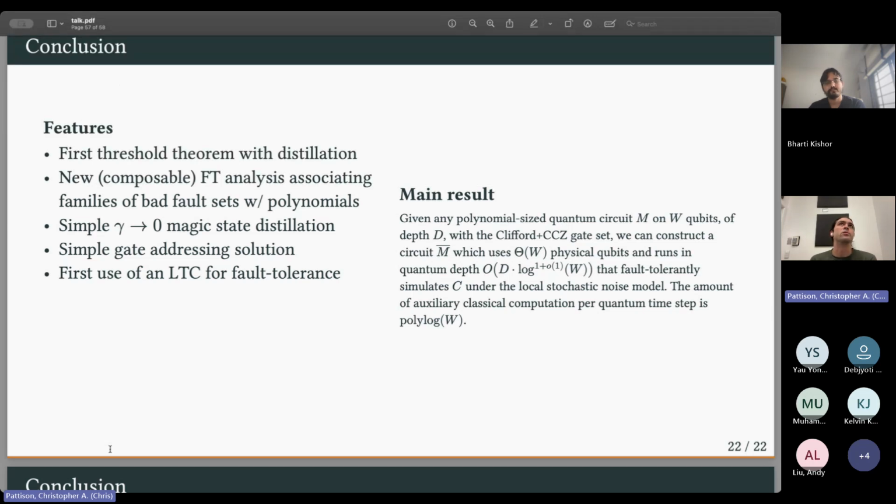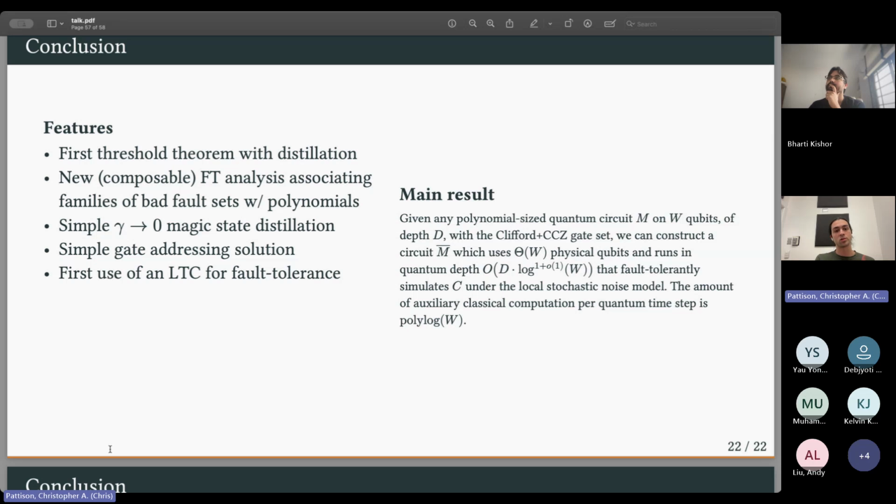There are actually a lot of things that we do here that don't appear in earlier fault tolerance theorems. This is the first threshold theorem, to my knowledge, that incorporates distillation in an end-to-end proof. We also had to introduce a new method of analyzing fault tolerant circuits, that associates these families of bad fault sets that cause uncorrectable failures with polynomials.